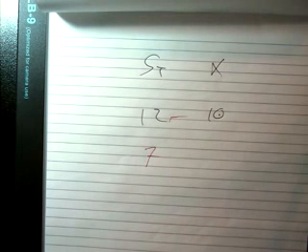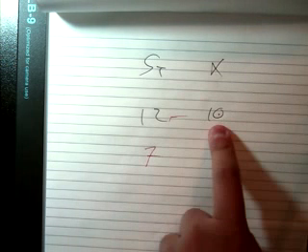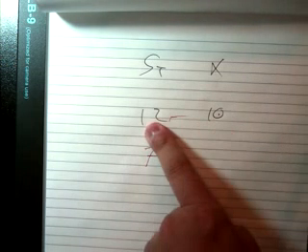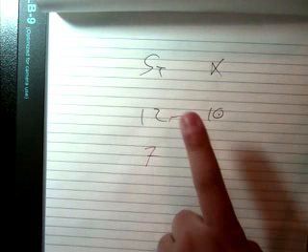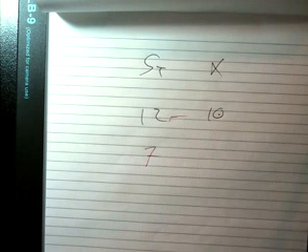Very easy. Now, if something happens to the holder, in other words, if the holder decides to buy it for 10 when it's worth 12, I would use it. I have the right but not the obligation to buy it for 10. So the payoff is ST minus X for the call option.